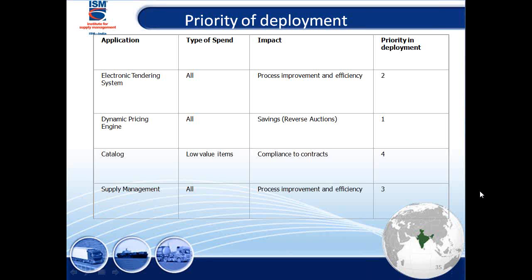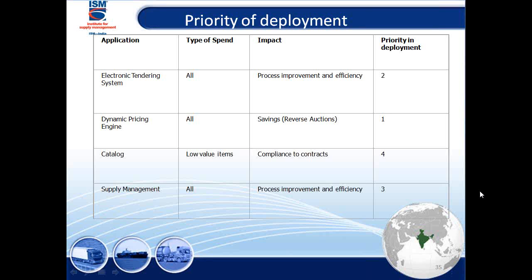Now in e-procurement, there are many parts. One is the electronic tendering system, e-tendering. The impact is process improvement and efficiency. There's another part called the dynamic pricing engine. This is very crucial for those of you who are planning to use reverse auction.